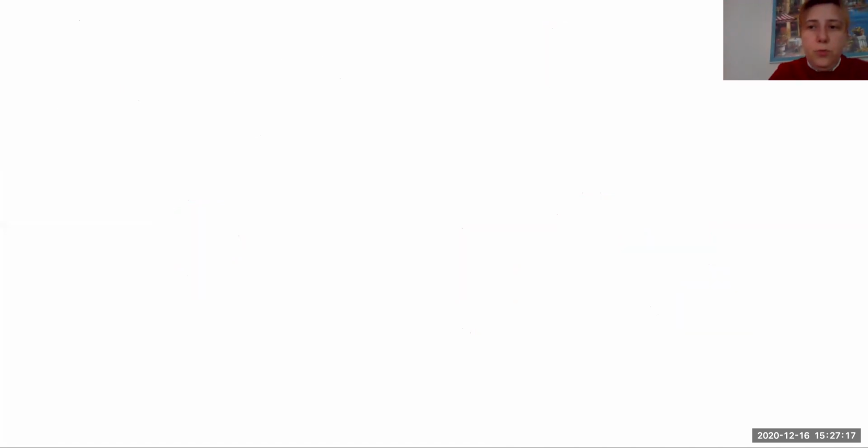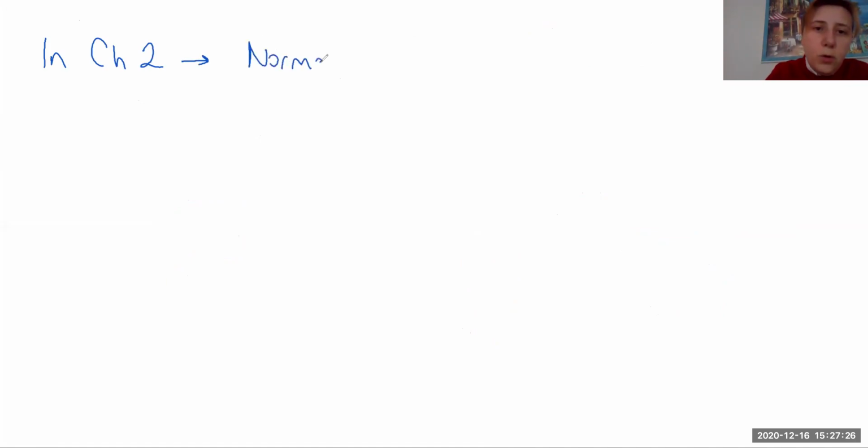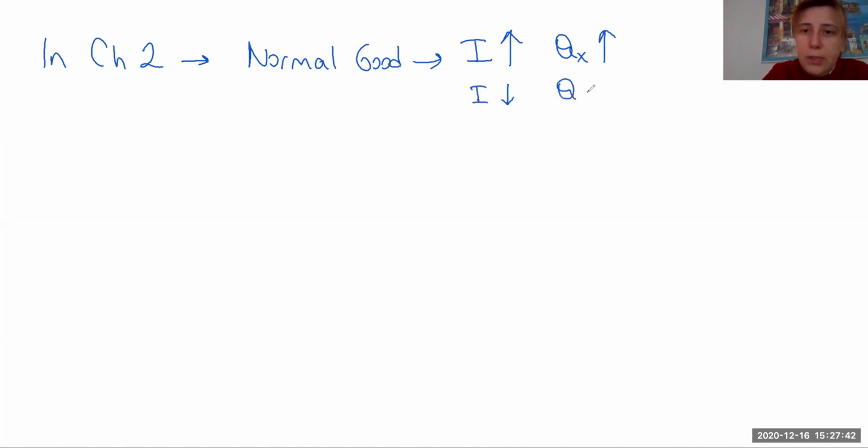In chapter 2, we defined normal good as while income increases, quantity demanded for X increases, or when income decreases, quantity demanded decreases, or simply income elasticity is positive.